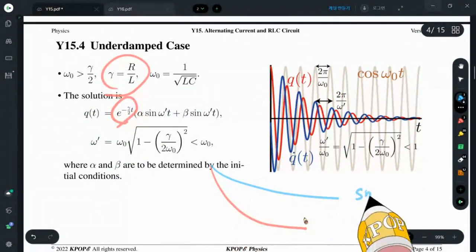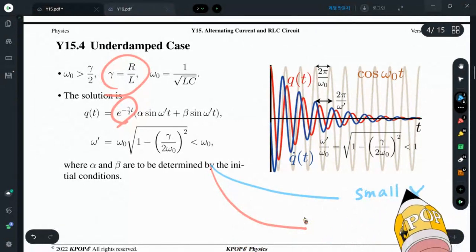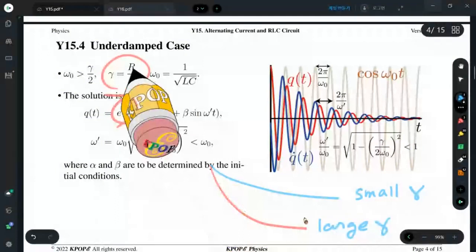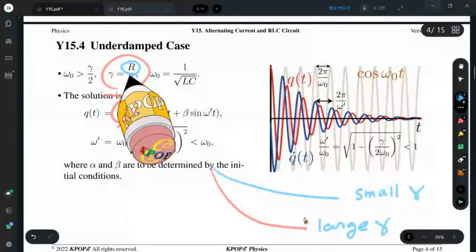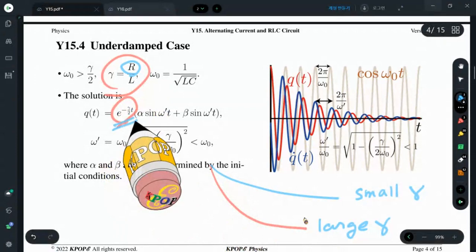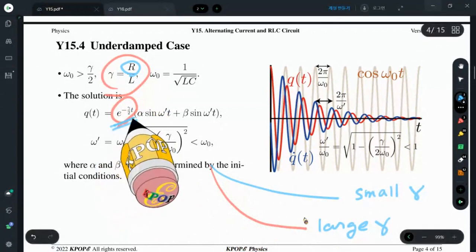As R increases, the exponential decay factor, this attenuation factor, becomes very, very strong.